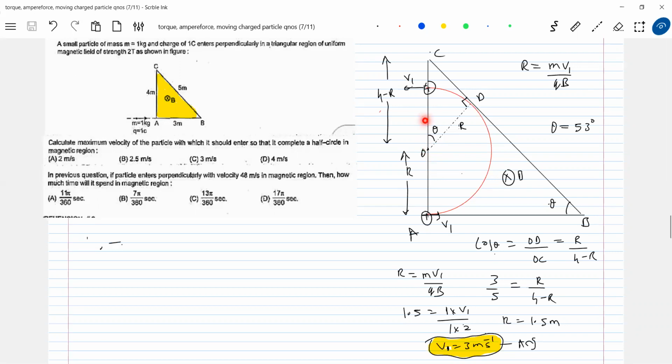So definitely 48 is telling, 48 meter per second means definitely it should be above C. So now we'll trace the path to the next part of the problem. Completed this, I'll scroll down.